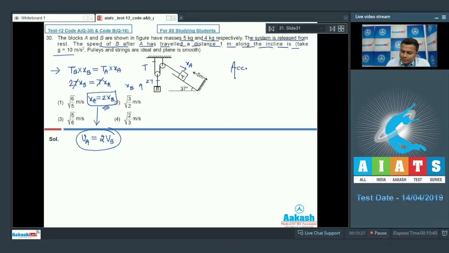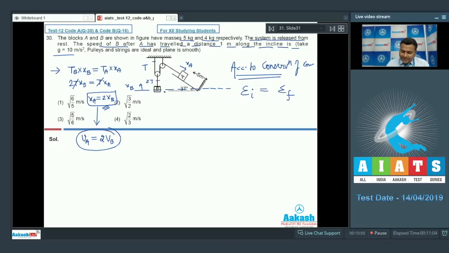According to conservation of energy, the energy of the whole system will be conserved, so we can write total energy of system initially must be equal to total energy of system finally. Let us take this as our reference line where the potential energy is 0.